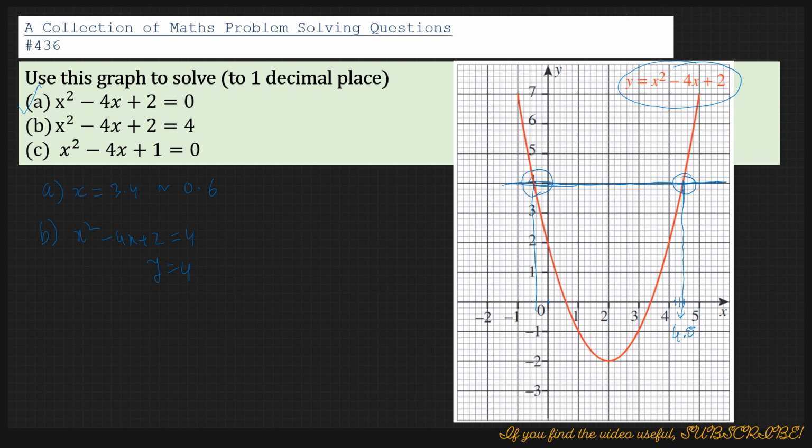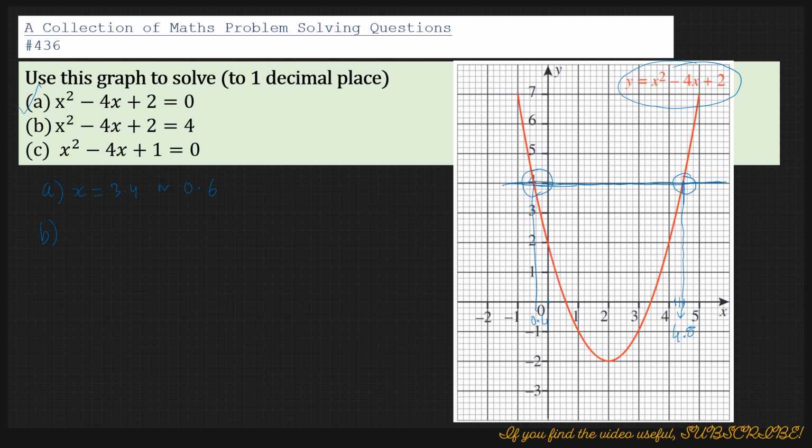So for B, I will write here 0.4. Now my drawing is not accurate on the x-axis, so I'm not using a ruler, I'm doing freehand drawing, so you might be off by 0.5 or something. But it doesn't matter, the method is important here.